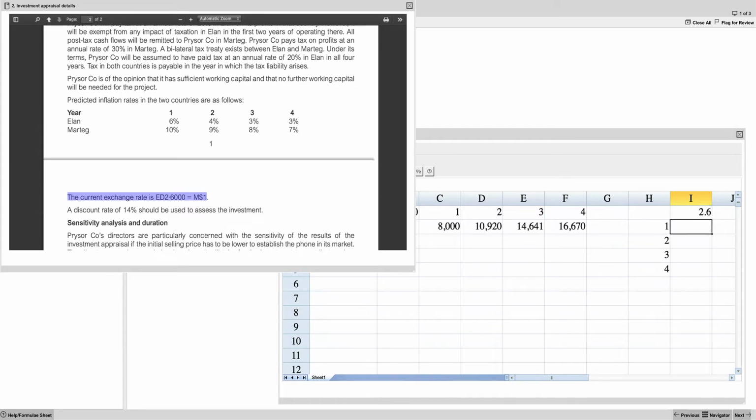If you remember, he gives you predicted inflation rates, so you can use purchasing power parity to calculate the exchange rate in year 1. It's counter base, so we go in there: equals counter times 1 point the counter inflation rate, the counter currency is Elan, so 1.06, divided by 1 point base, the inflation in the base country, 10%, 1.10.